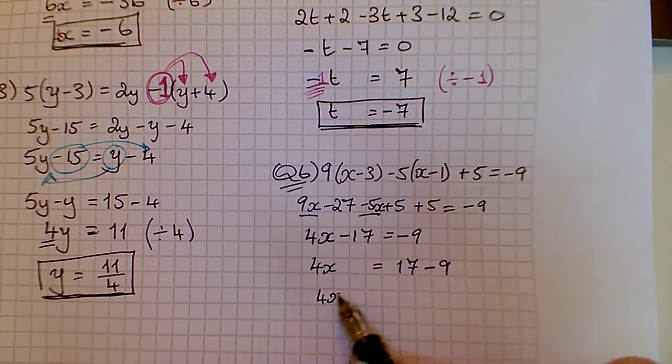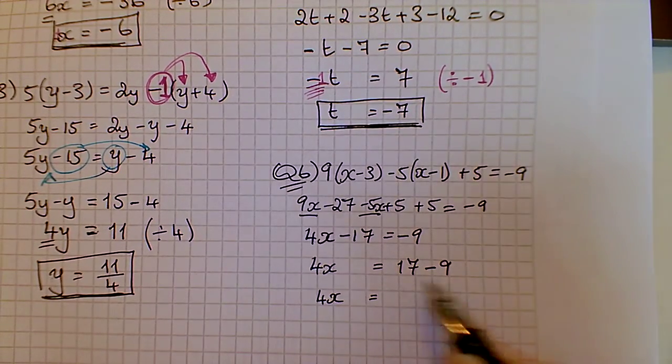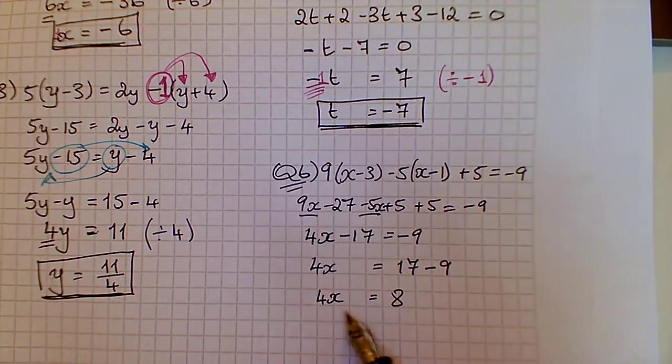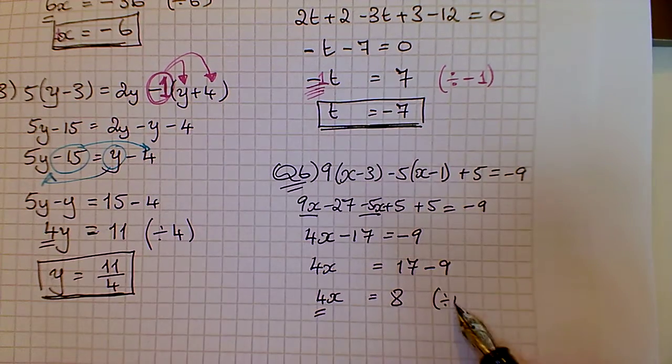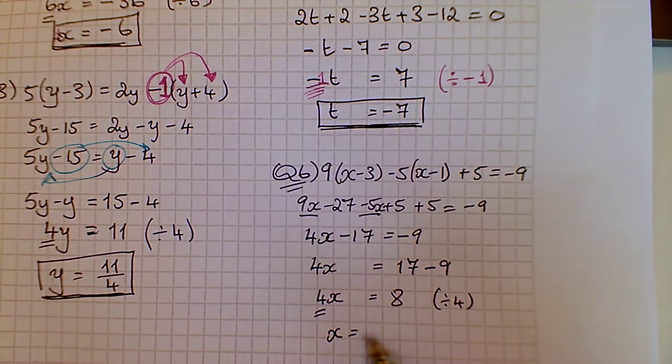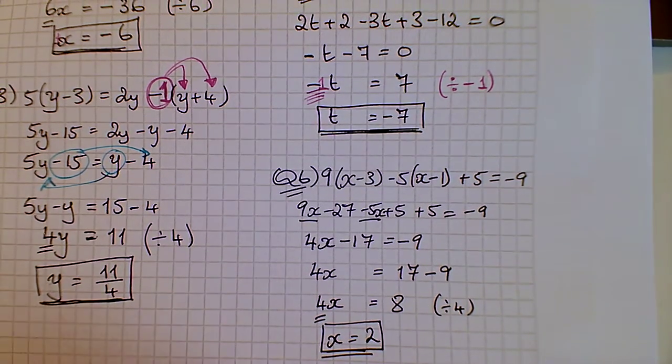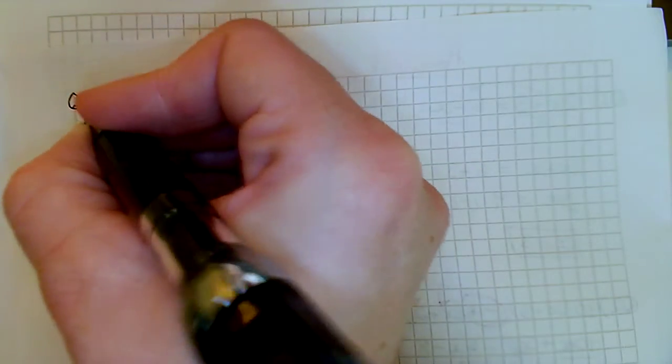So 4x is equal to 17 minus 9, 8. Divide across by 4. And x is equal to 2. Okay, hopefully they're starting to make sense. But if you're finding them confusing, remember that you can ask questions at any time.